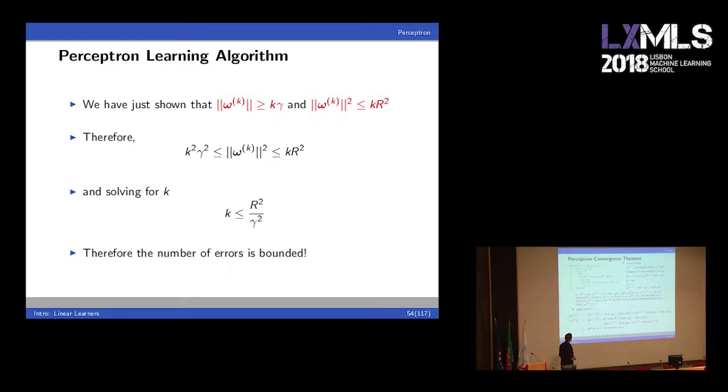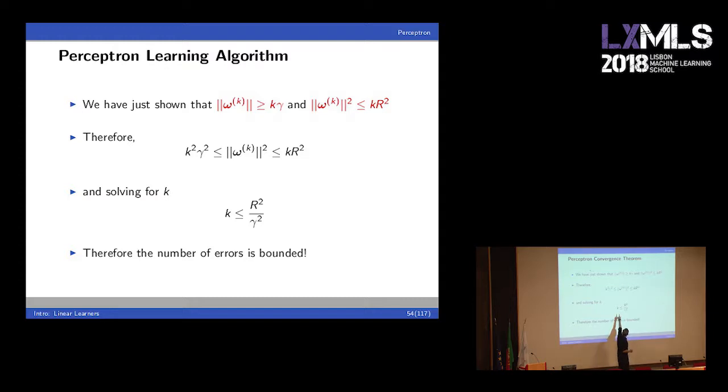And what we have in the end is an upper bound and a lower bound, and we can combine them and solve for k and get exactly our result. It's just a little bit of algebraic manipulation, not at all difficult.